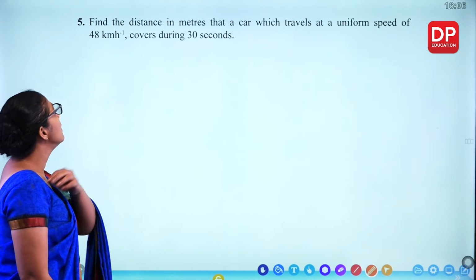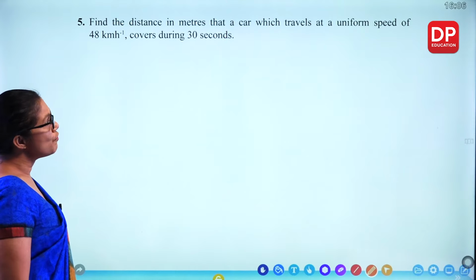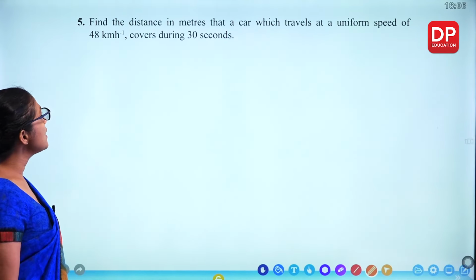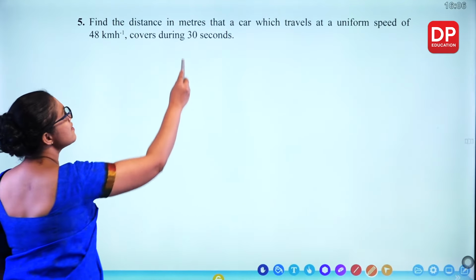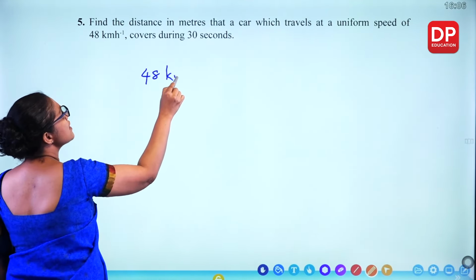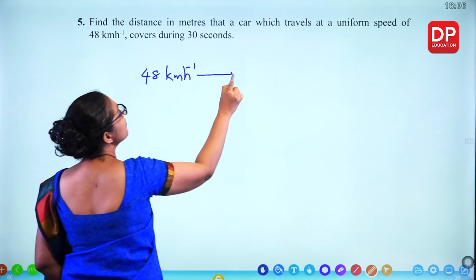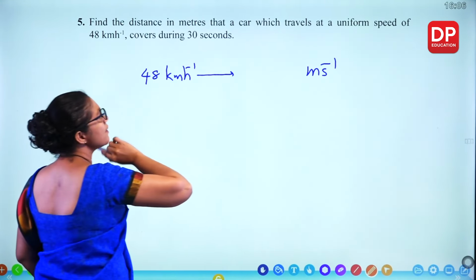Question number 5. Find the distance in meters that a car which travels at a uniform speed of 48 kilometers per hour covers during 30 seconds. So this is in seconds. So here first step is to convert kilometers per hour to meters per second. So what we do? What's the easiest way?